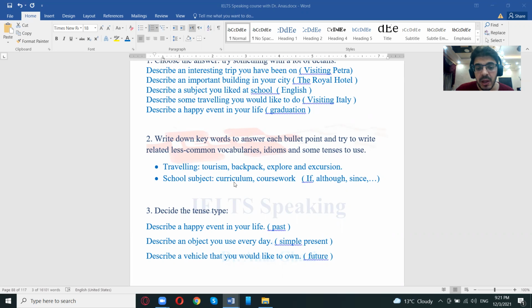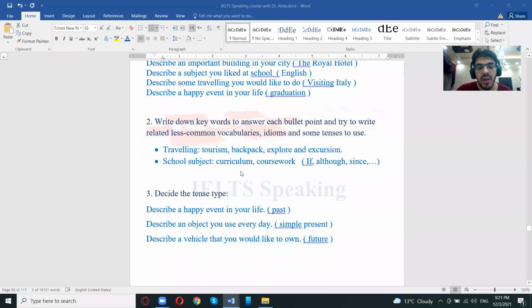School subject, maybe curriculum, coursework, and if it is possible, add some complex structure using if or though, since, and so on. Okay, another quite important, crucial thing is to decide the tense type.